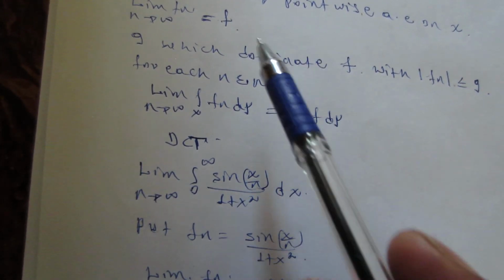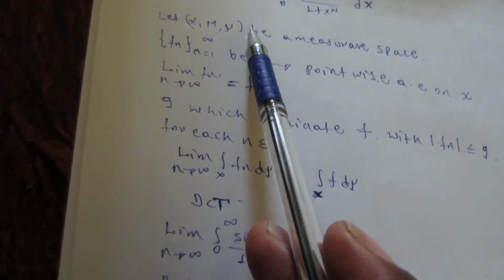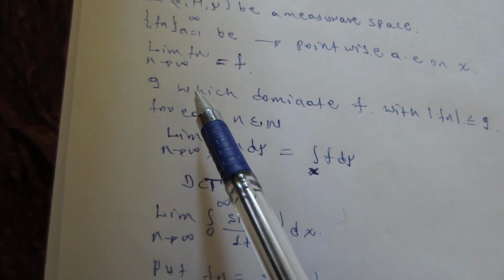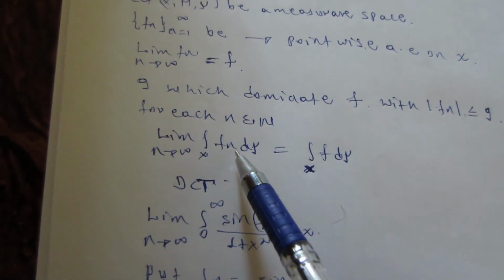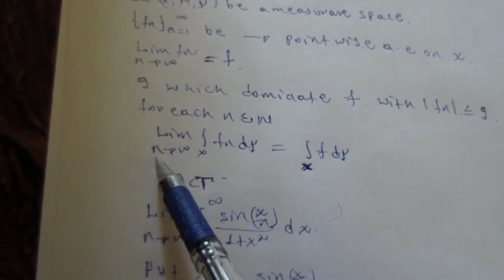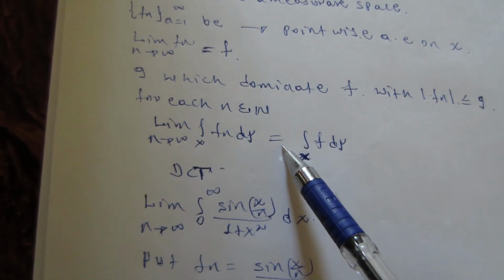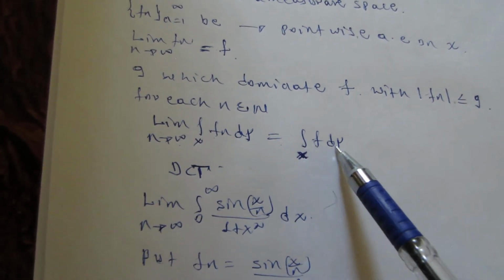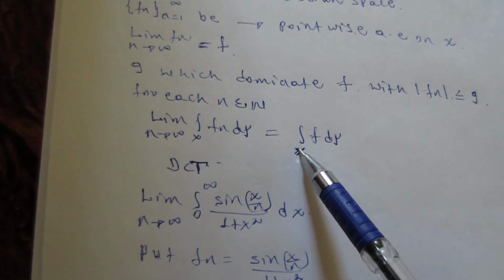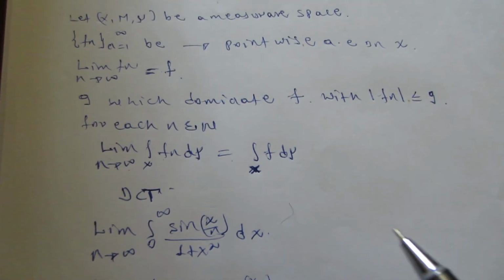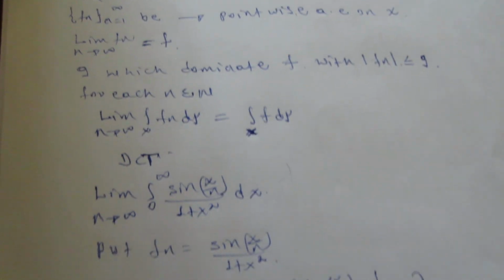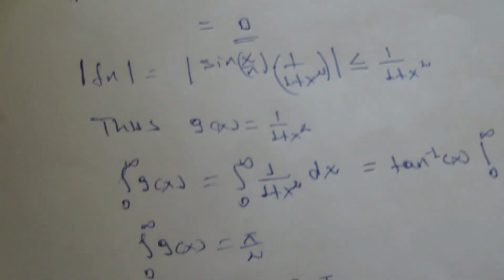All those criteria should be satisfied. Then the limit of the integral of f_n d mu over X as n tends to infinity is equal to the integral of f d mu over X. So now let's apply this concept here.